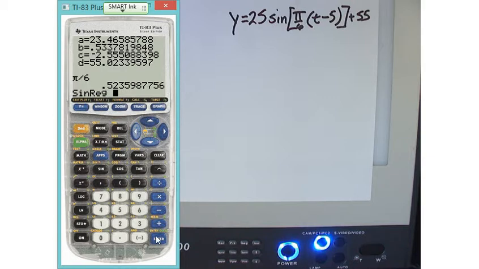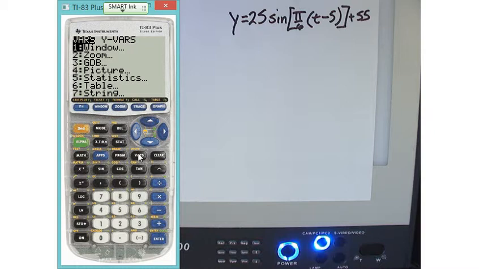By default, it'll automatically choose L1, L2, but I want to save this. So I'm going to hit vars, Y-vars, function. I already have stuff graphed in function number 1, so I'm going to choose function number 2.